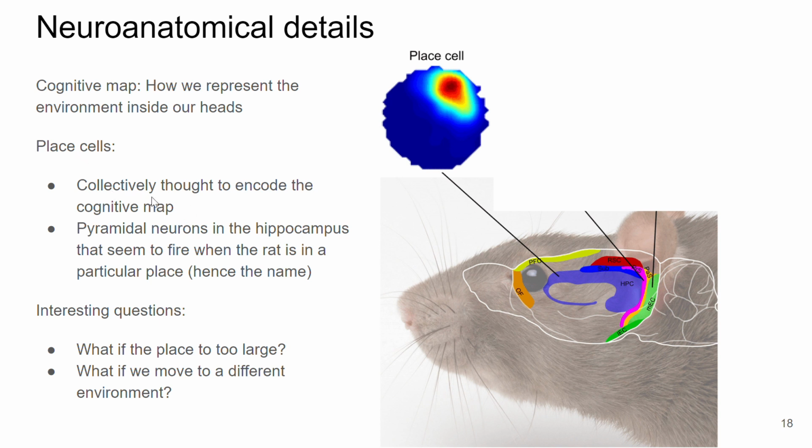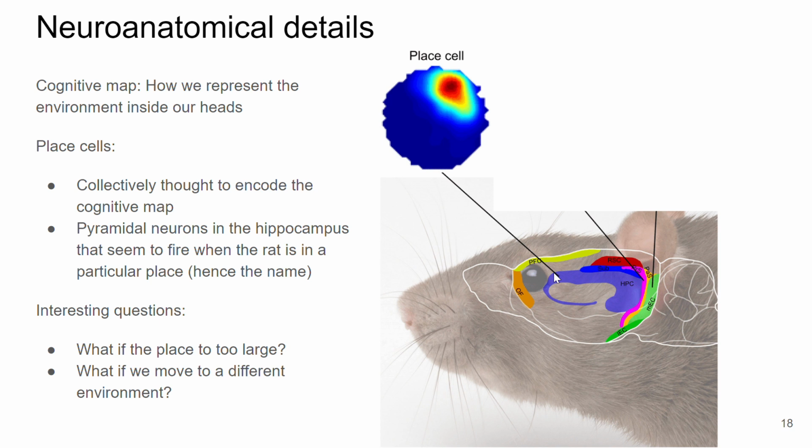So the place cells were collectively thought to encode the cognitive map, which is our environment, and the main evidence for it came from one experiment that I'm going to show you a video of soon, in which the pyramidal neurons. A place cell is basically a pyramidal neuron.